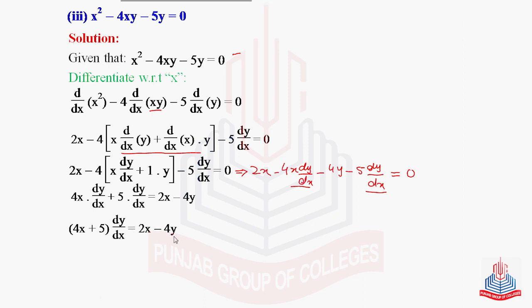So that is 4x plus 5 times dy by dx is equal to 2x minus 4y. And to find the value of dy by dx, this 4x plus 5 will be shifted to the right hand side. So this is actually multiplying by dy by dx. When we shift towards the right hand side, this will be divided, so dy by dx is 2x minus 4y divided by 4x plus 5. So that is actually our final result of dy by dx.